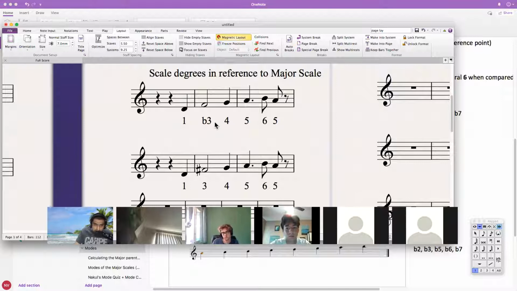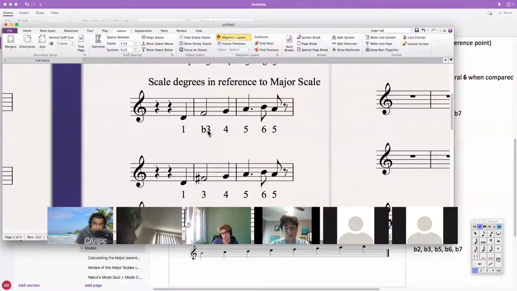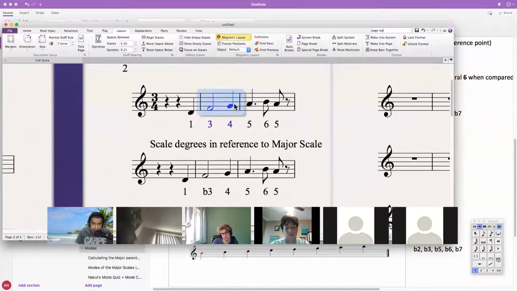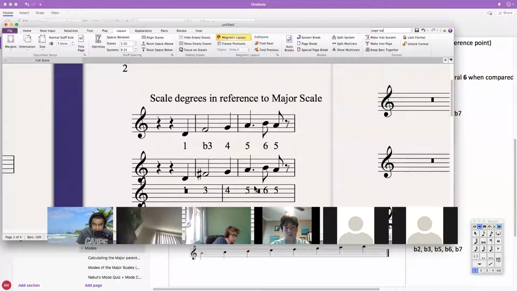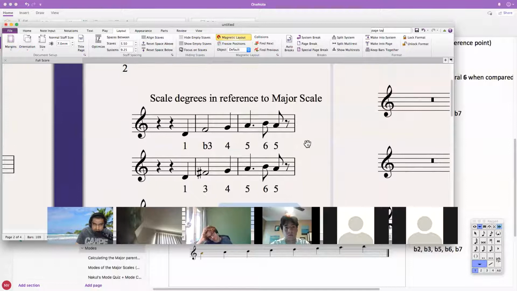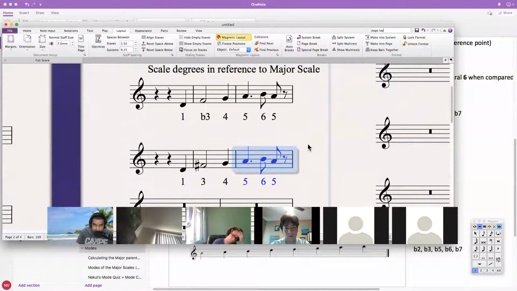Right? But if I did this, these scale degrees are in reference to the major scale. In fact, I'm going to get rid of this. These are scale degrees without any kind of precise reference to either major or minor. So to not confuse you, I'll get rid of this. These scale degrees are in reference to the major scale.